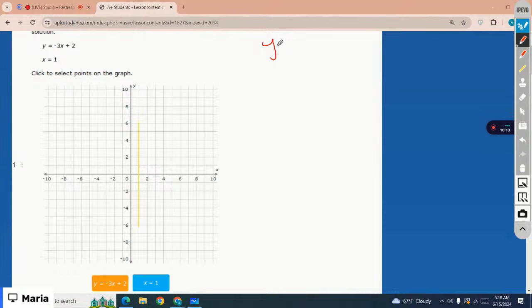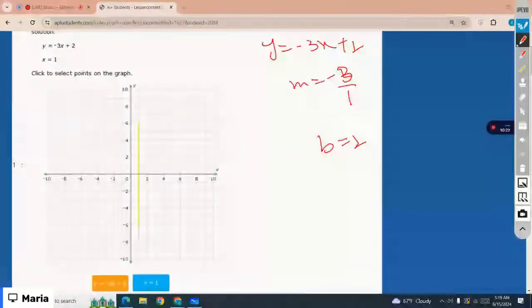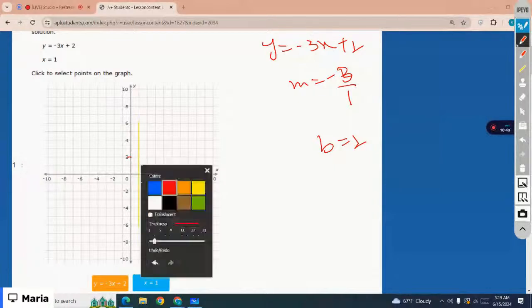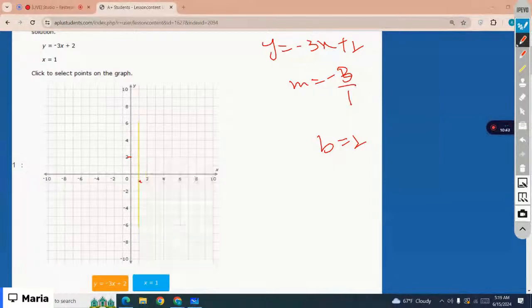Basically, b is the point of intercept. That means the y-intercept, the graph is intersecting the y-axis at 2, right? So you have one point here and the slope is negative 3 over 1. Negative 3 means you need to move down 3 points and right 1 point. So here is the other point, right? So let's just join these 2 points and make a straight line.